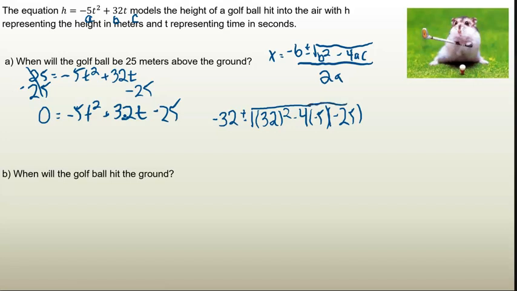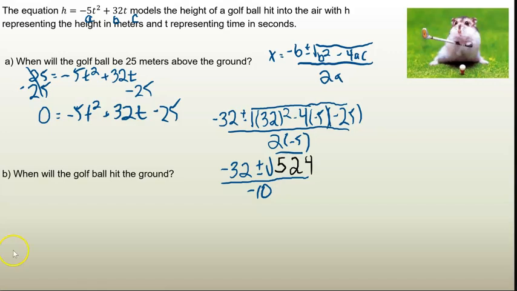In my previous video, I made clear that you really want to take the time to plug into the discriminant. So let's get that in the calculator and see how it looks. So I got 524 under the square root.